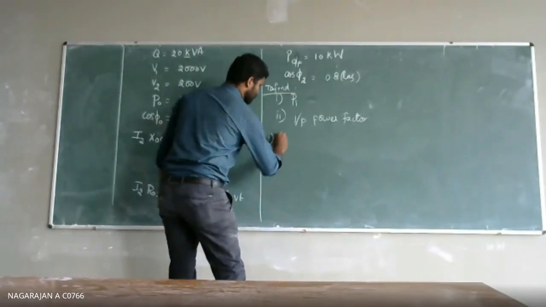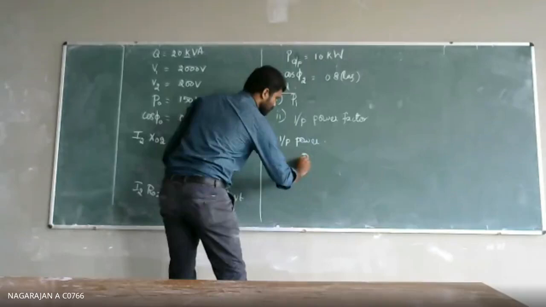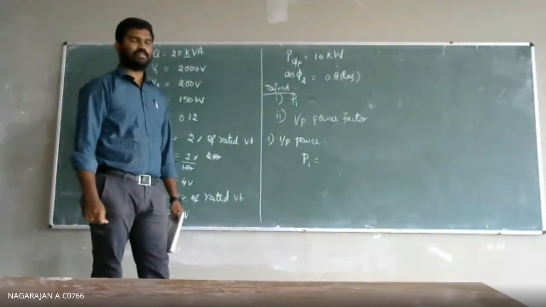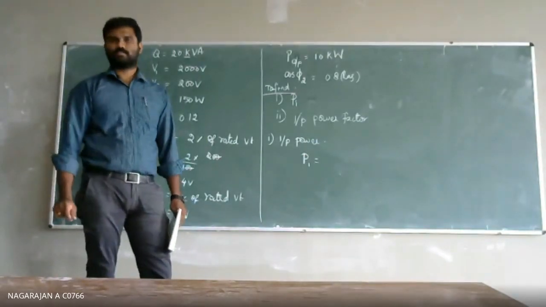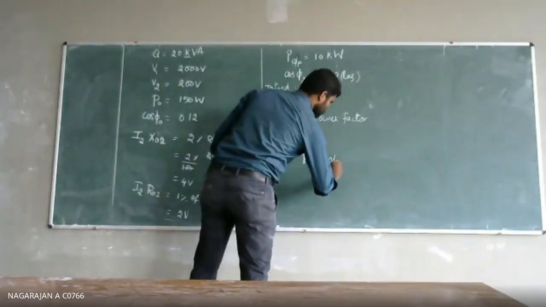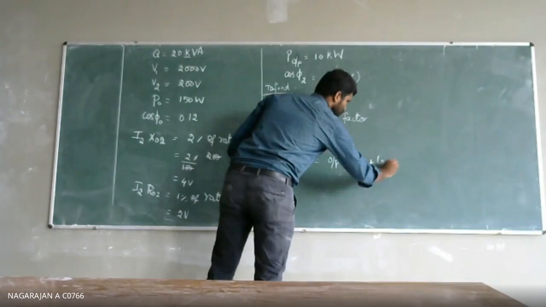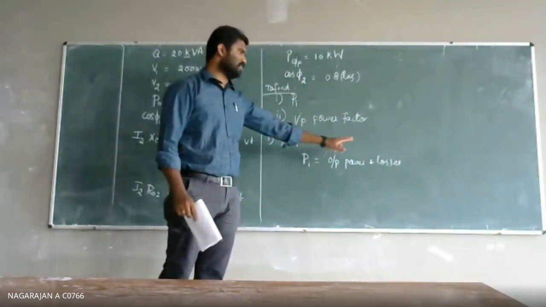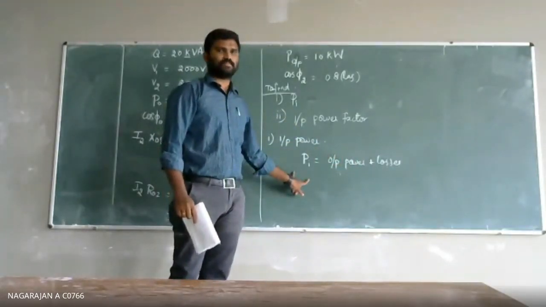First one, input power PI is equal to, in terms of output power and losses. Can we write like this? Output power plus total losses is equal to input power, isn't it?